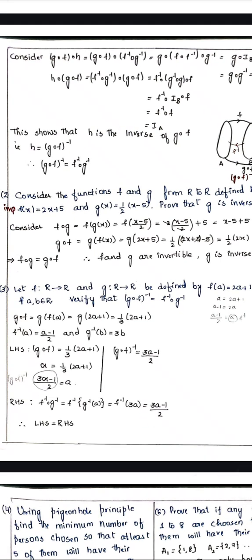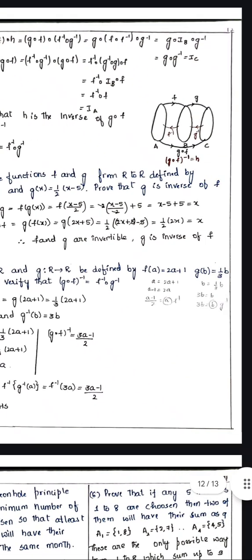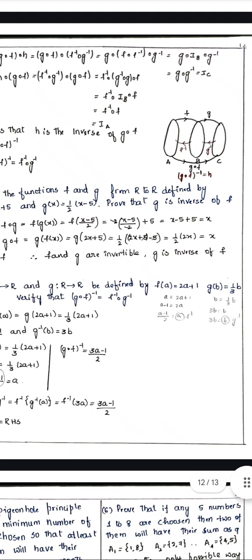So then f inverse of a. Let us consider a equals 2a plus 1, we will have that as (a minus 1) by 2.